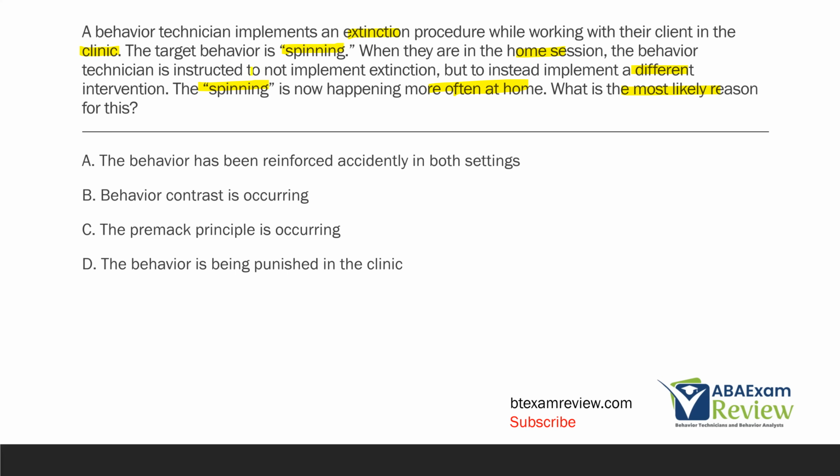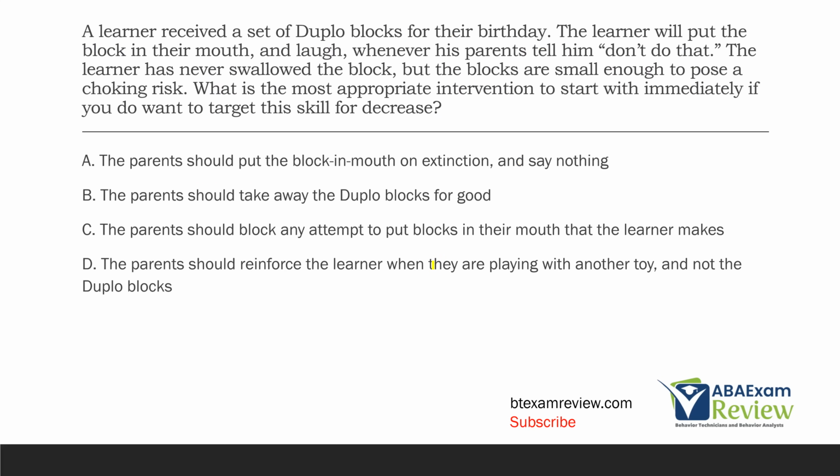Well, it's much more likely the behavior is decreasing at the clinic due to the extinction procedure, and because we're already using an extinction procedure, there's no indication that punishment's occurring. Based on all the information, the fact that we're using two separate interventions in two different environments, and in one environment the behavior is now happening more often, that is a clear indication that there's likely behavior contrast occurring.